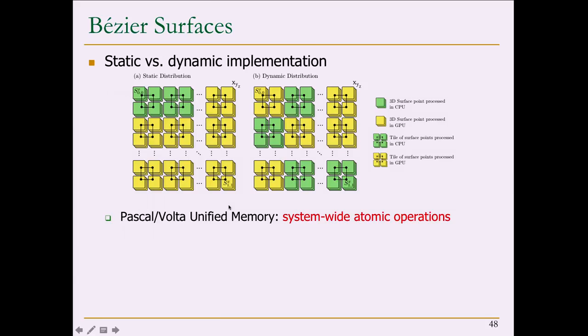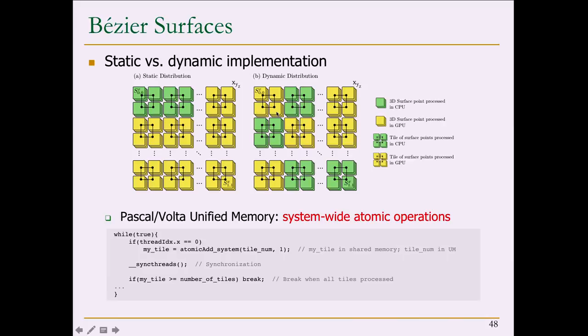And also, with the new features, it is possible to have some kind of dynamic distribution. And this is going to be especially useful in cases where the computation is not so regular, where the amount of computation needed for each of the output values might be different. So in those cases, we could have some dynamic distribution.